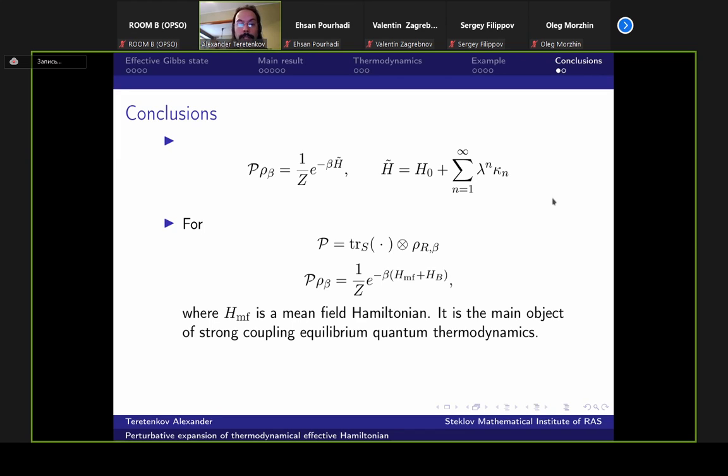Because in the theory of strong coupling equilibrium quantum systems, strong coupling means that the coupling is important. It is not possible to have just product states of system and heat bath. And this means strong coupling. It does not necessarily mean that it is non-perturbative.